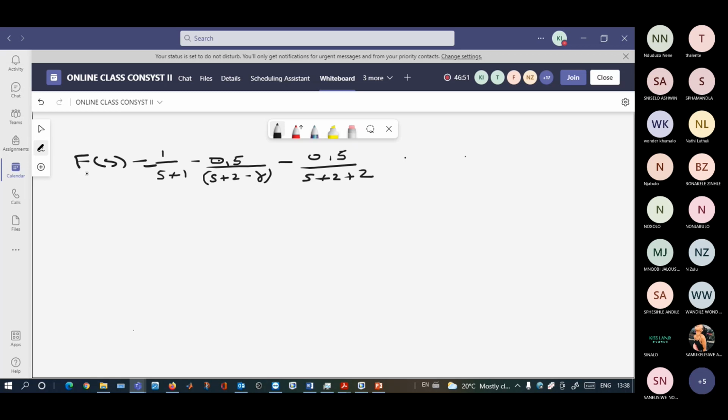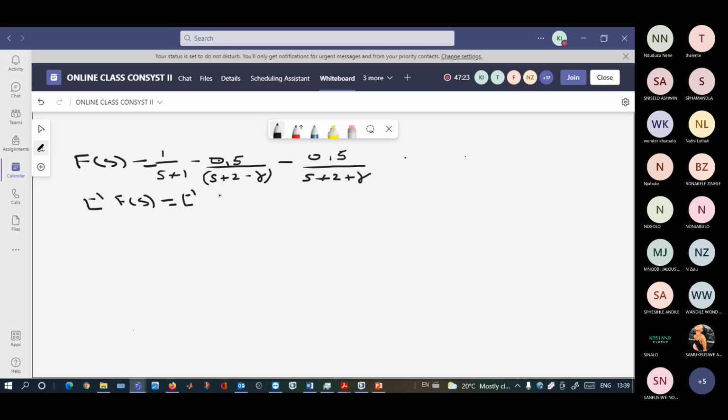Okay, so now we can apply the inverse Laplace transform, which is going to be L minus 1 of F(s). So let's do this one.